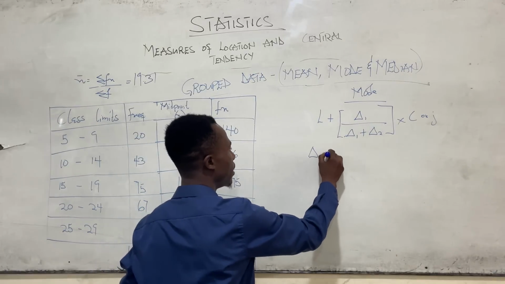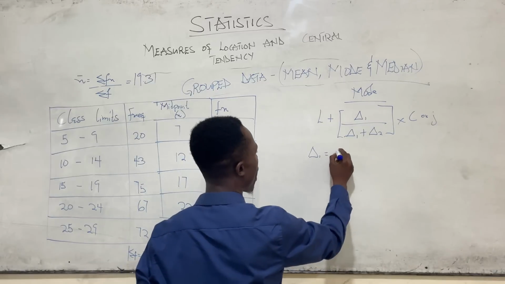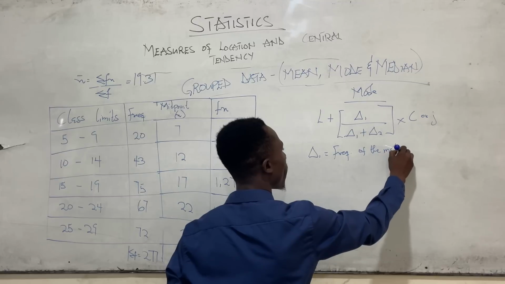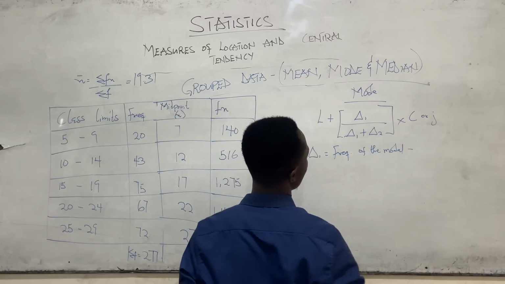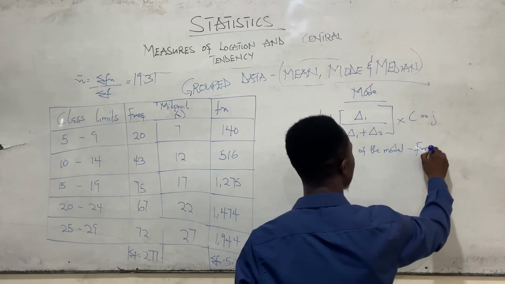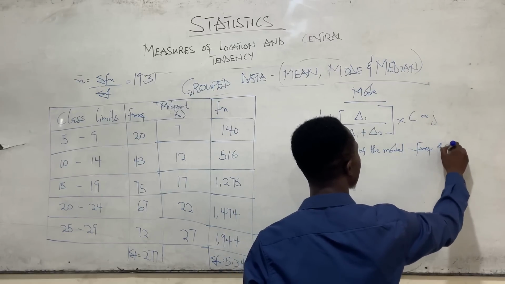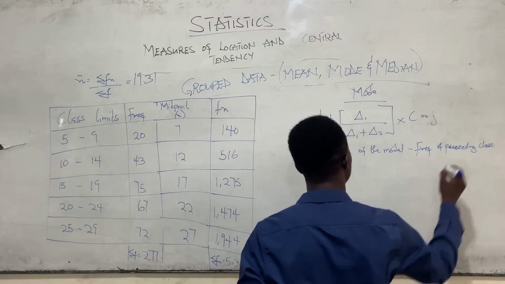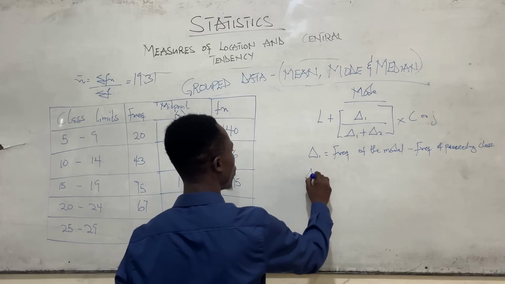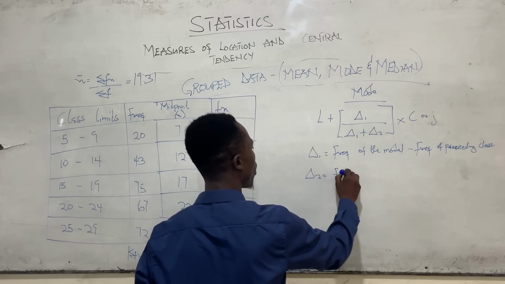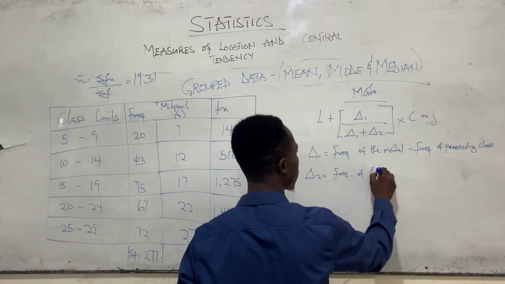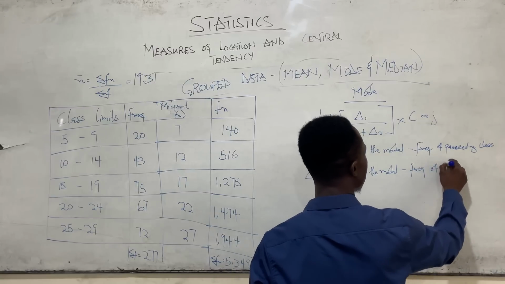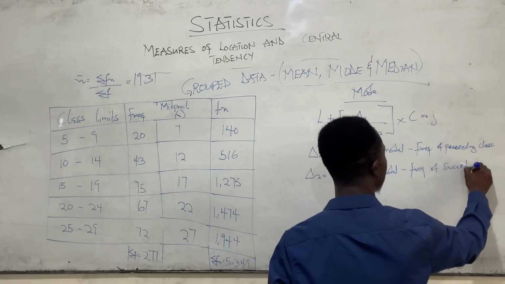This change 1 means the frequency of the modal class minus the frequency of the preceding class. Change 2 is the frequency of the modal class minus the frequency of the succeeding class.